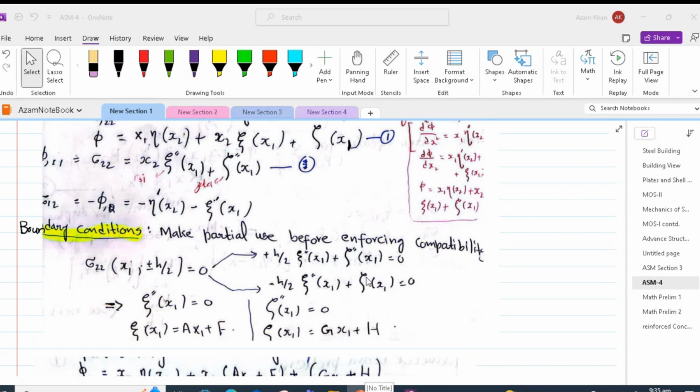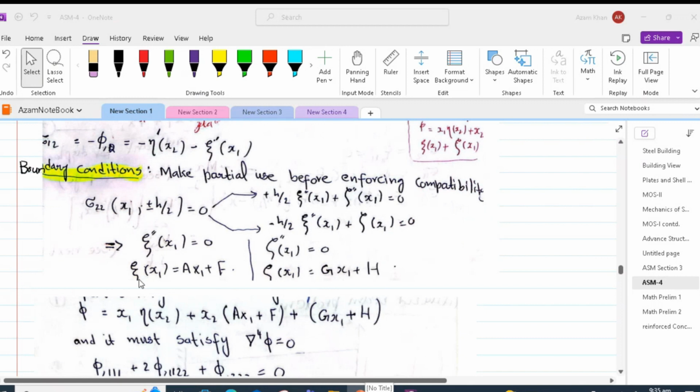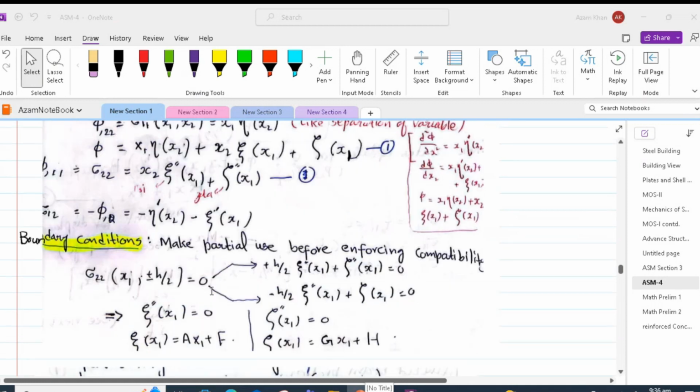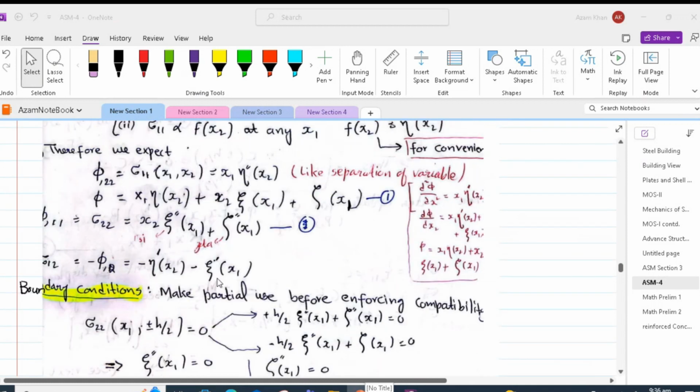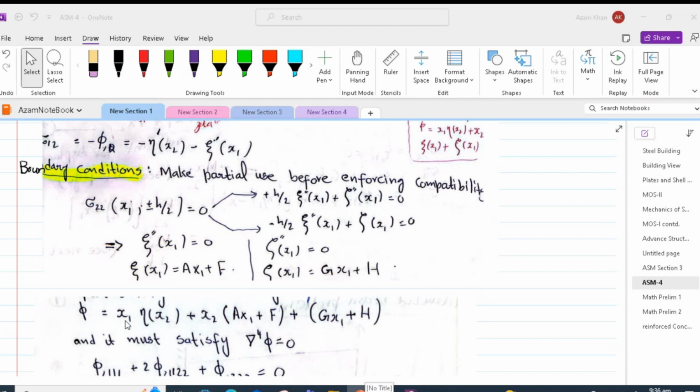These two equations can only be satisfied if these two functions are linear, and that gives us psi x1 equal to a x1 plus f, and zeta x1 equal to g x1 plus h. Plugging these values back in the phi equation, we get phi equal to x1 times eta x2 plus x2 times (a x1 plus f) plus (g x1 plus h).